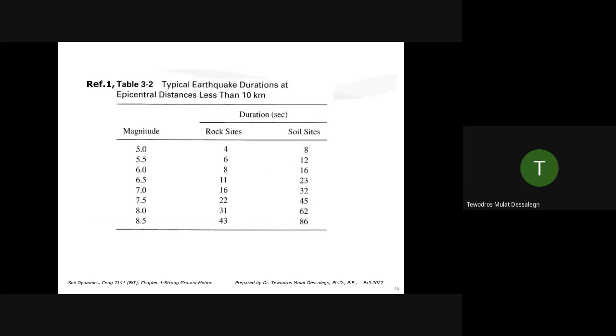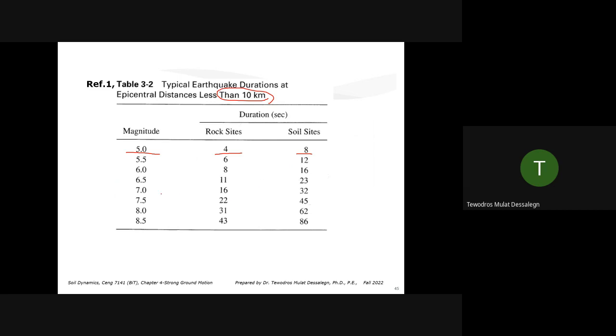Just to give you typical earthquake duration for epicentral distance less than 10 kilometers, for a magnitude of 5 on the Richter scale, a rock site can have 4-second duration. A soil site can have 8 seconds. This is just general to give you a feel of what the duration looks like.